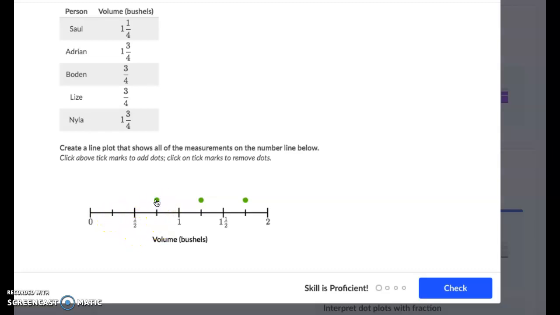So there's Bowden. And then Liz is at 3/4 also, so I can just make another dot there. And Nyla is at 1 3/4. So 1 and then 1/4, 2/4, 3/4. The biggest challenge here is figuring out what each of those hash marks means on the number line itself.